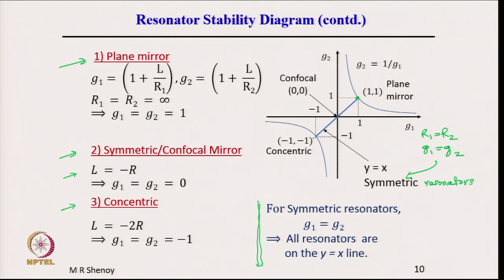It is on the same y equal to x line, because we are looking at symmetric confocal and symmetric concentric mirrors, and of course, the plane mirror resonator comprising two plane mirrors, all of them are on this y equal to x line. The confocal mirror is at the center, at the origin, and the concentric mirror is here at the point minus 1, minus 1.